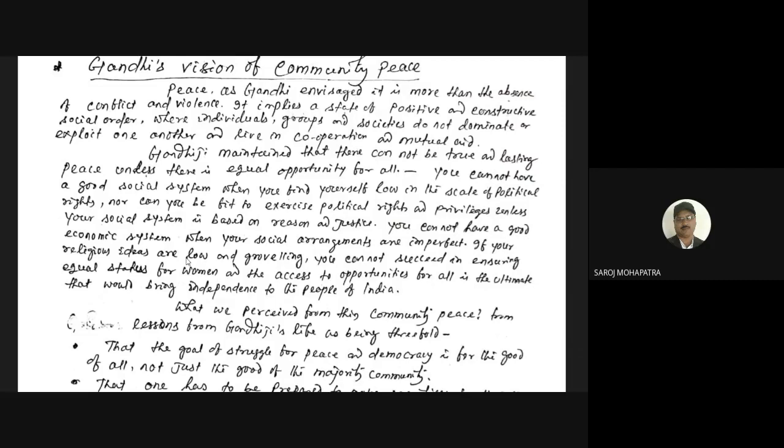If your religious ideas are low and groveling, you cannot succeed in ensuring equal status for women, and access to opportunities for all is the ultimate thing that will bring independence to the people of India.